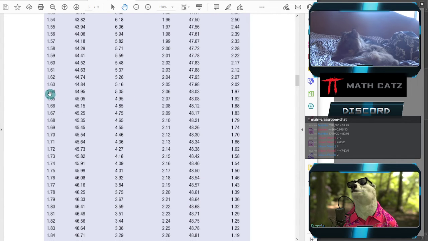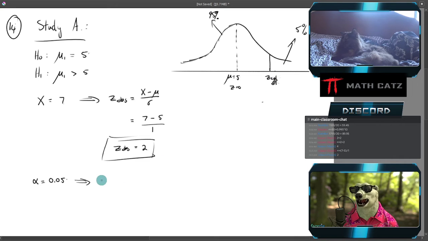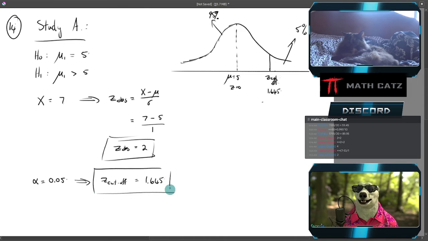So we'll average those two and say 1.645. So our Z cutoff will be 1.645, but do understand that depending on the person you're talking to, depending on the book, they might choose one or the other and not necessarily average them. 1.645.